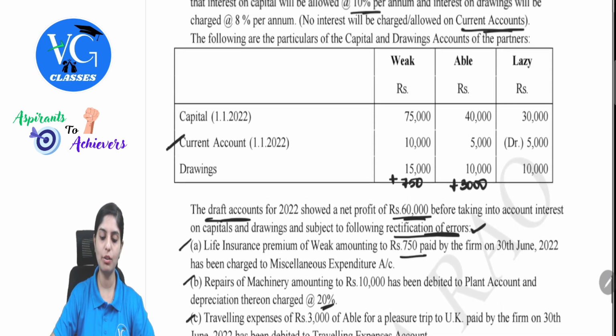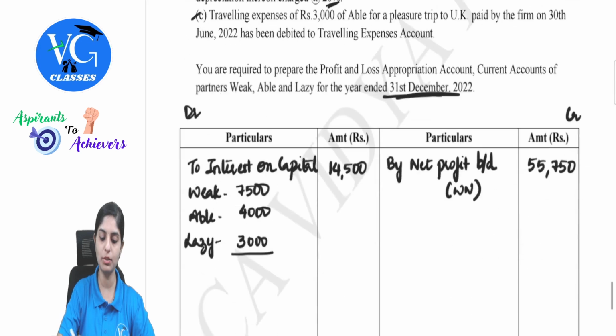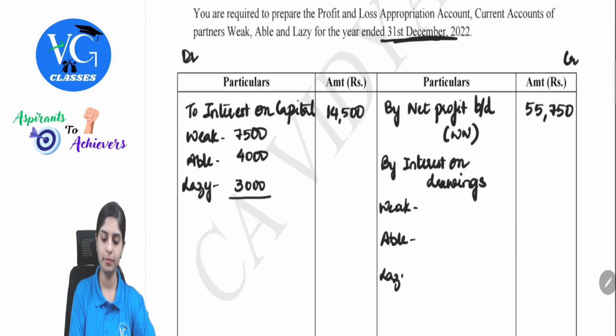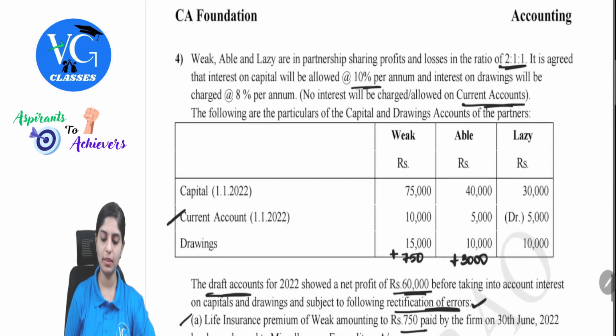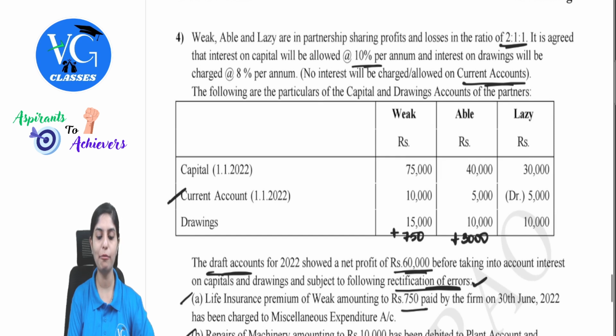Next, there is interest on drawings. Remember, interest on drawings is an income to the firm. So it appears on the credit side by interest on drawings. Have they mentioned any method here for Weak, Able and Lazy? If no method is mentioned, we will just work out on a simple method basis. So here if you observe, have they given any number of months?